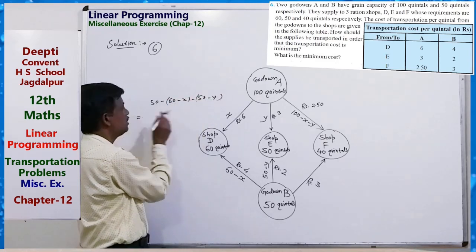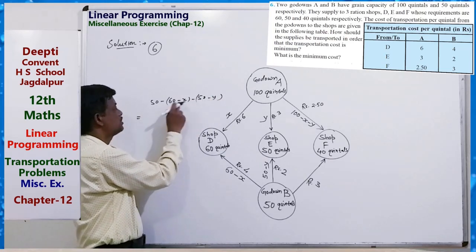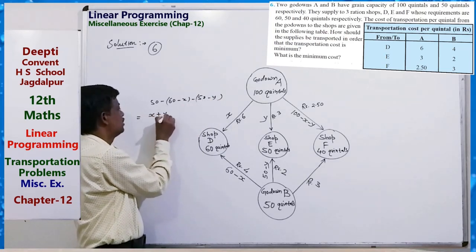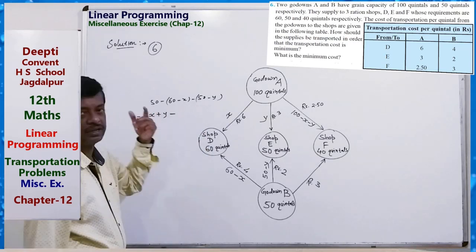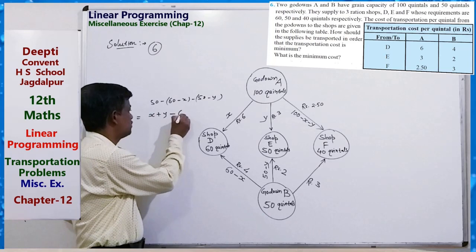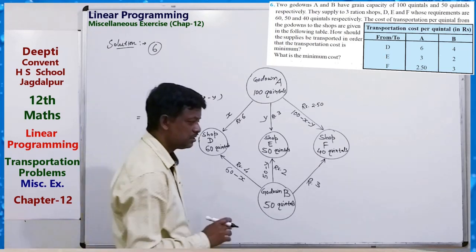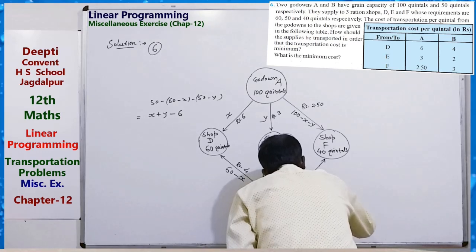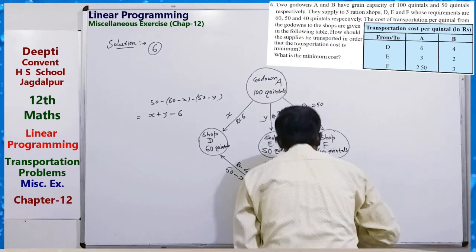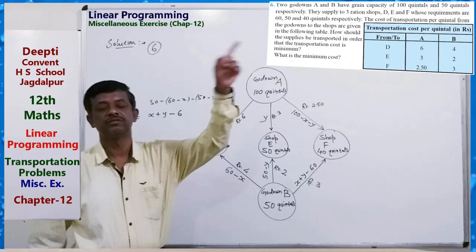Minus minus plus, minus minus plus, so X plus Y, minus 50 minus 50 cancel out, minus 60. So X plus Y minus 60 is the remaining quantity supplied to F.